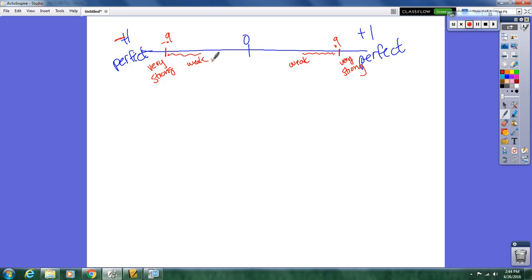Now, they're going to give you something on your EOC, and it's going to say the correlation coefficient of the amount of time you spend playing video games versus your grade is negative 0.98.